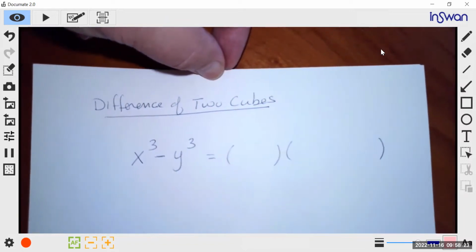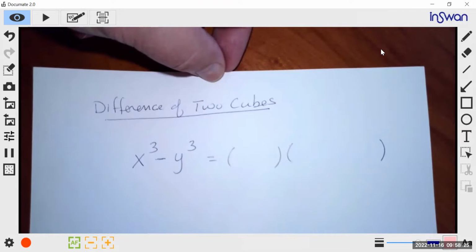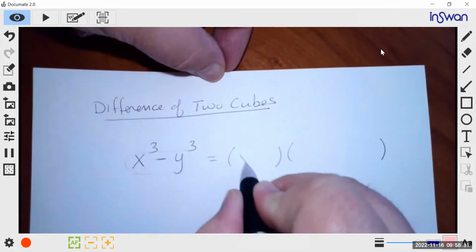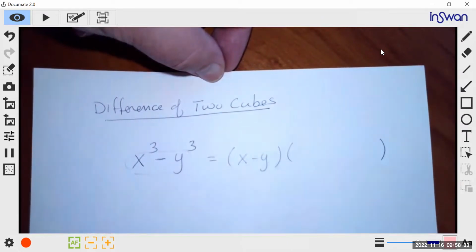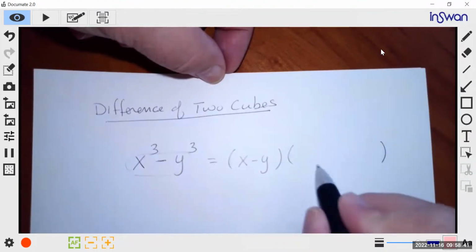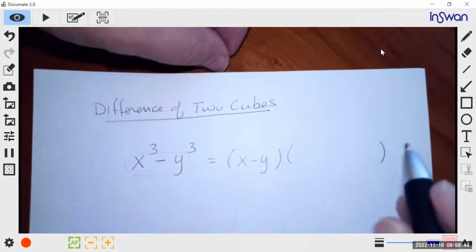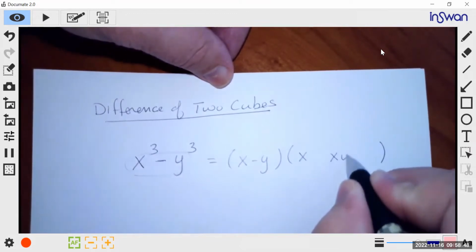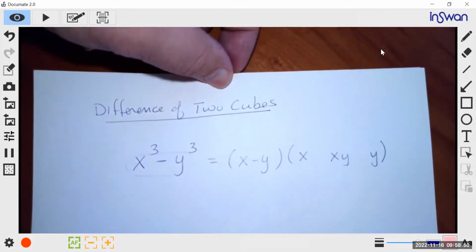The factored form will be this. Whatever's under the cubes goes inside the first parenthesis. Inside the second one, it's going to be x squared, xy, y squared.